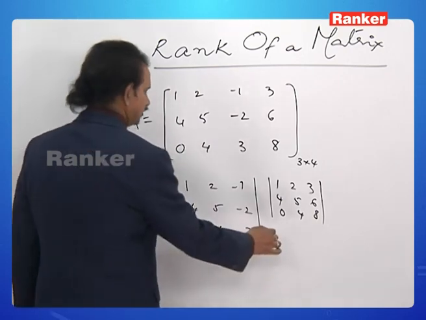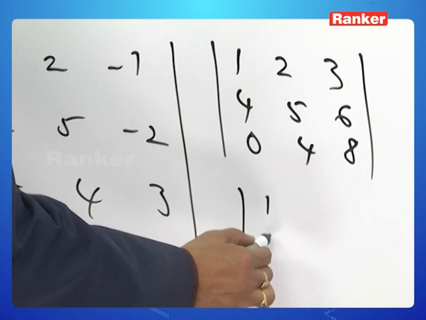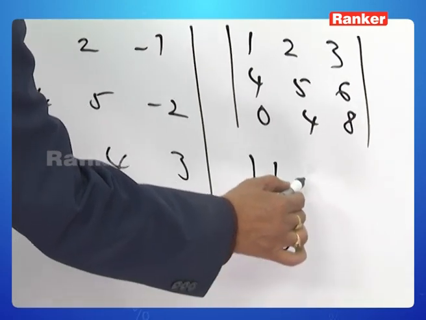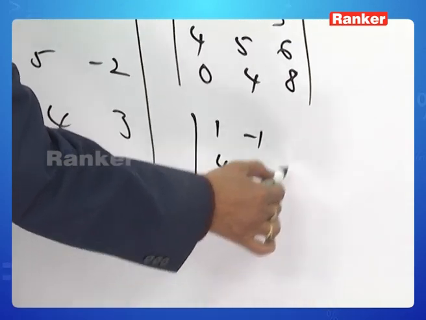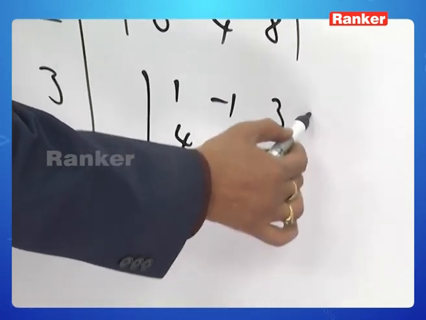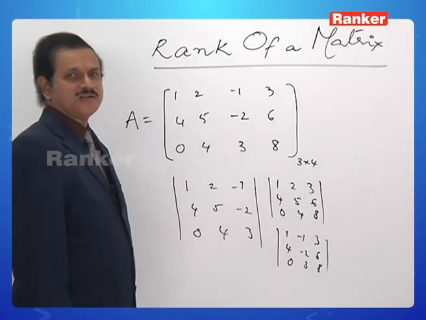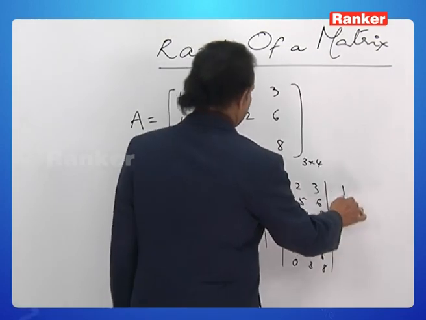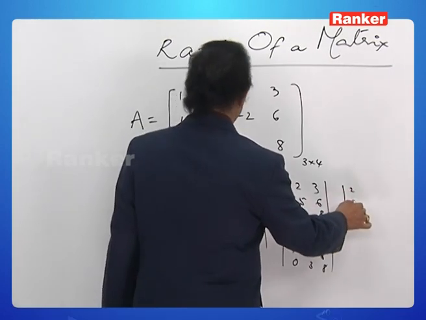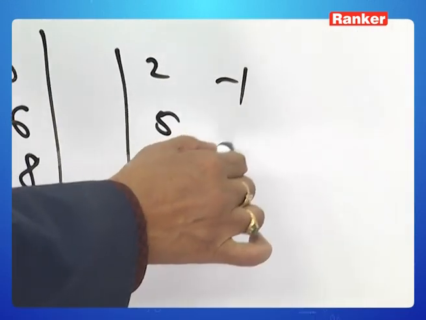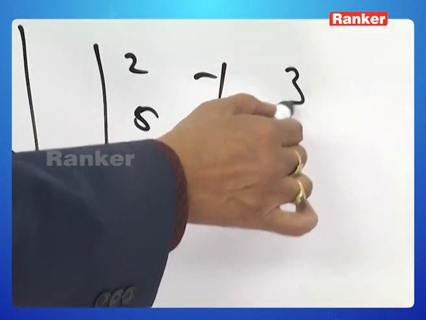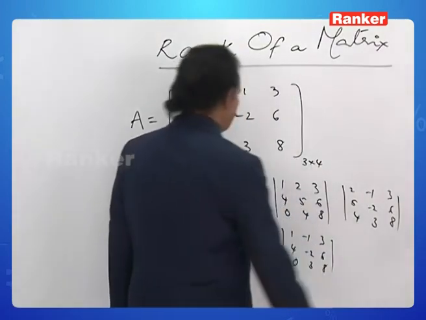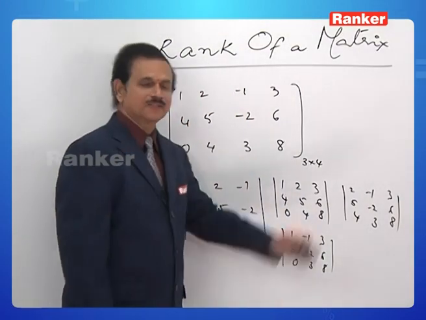Another 3 by 3 minor is 1, 4, 0; minus 1, minus 2, 3; 3, 6, 8. In a similar fashion, if you delete the first column, one more 3 by 3 minor will be obtained: 2, 5, 4; minus 1, minus 2, 3; 3, 6, 8. Well, my dear, what are all these?